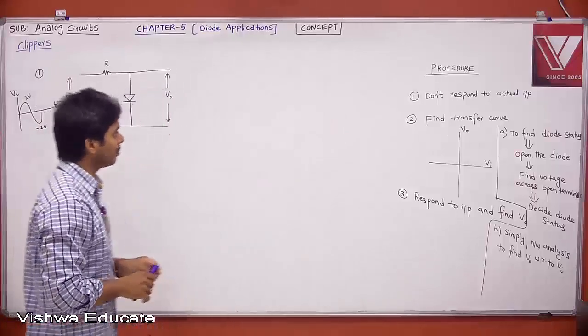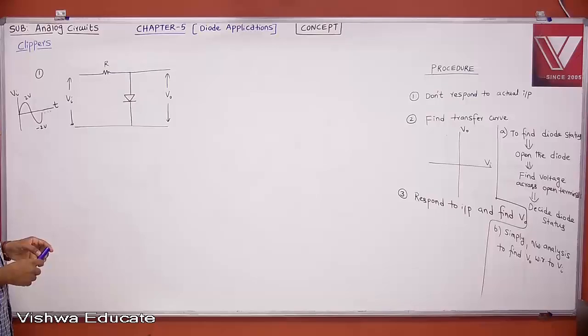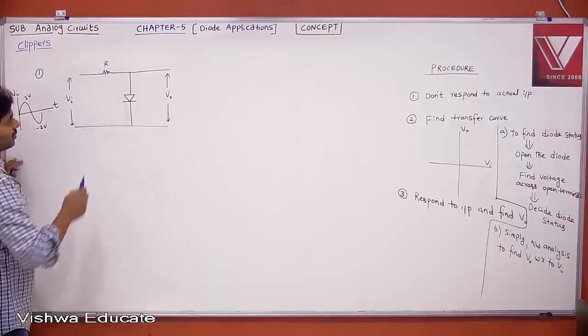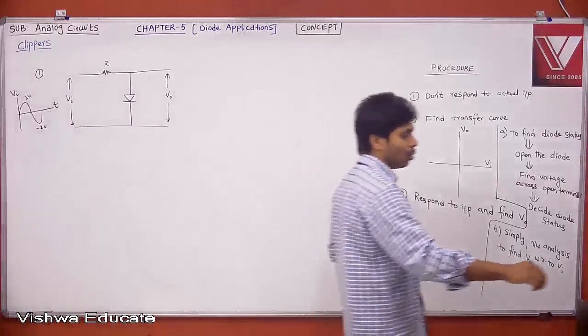Okay, let us apply. The first one, don't respond to actual input. We need to find the transfer curve, V0 versus Vi. Therefore, to find the status of the diode, what is the first step? Open the diode.